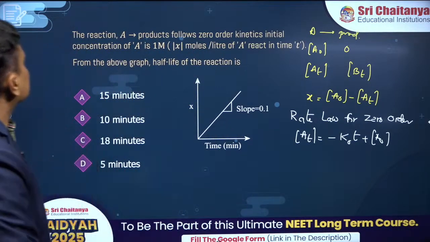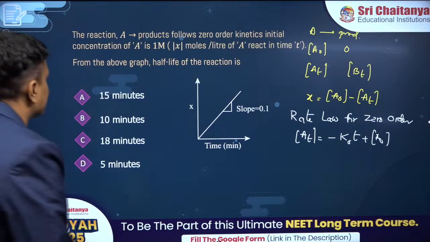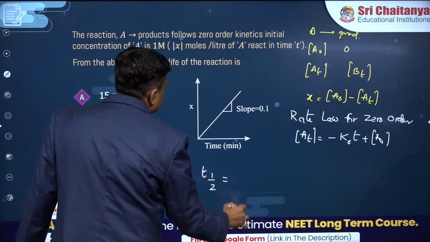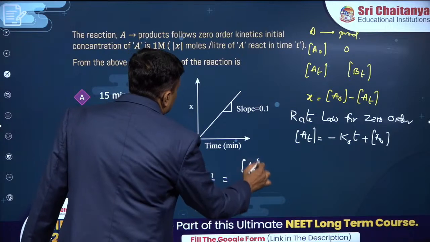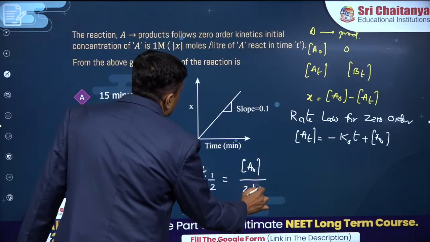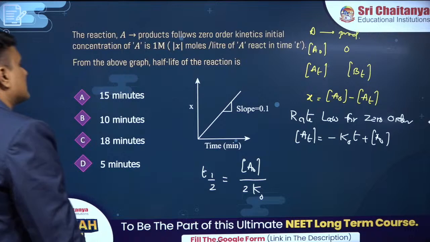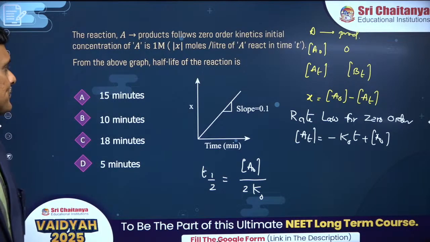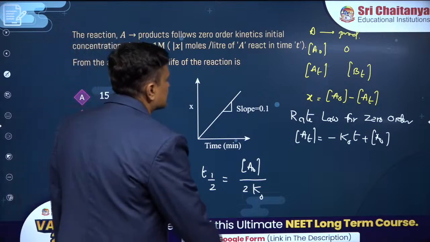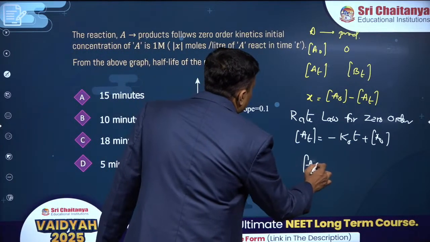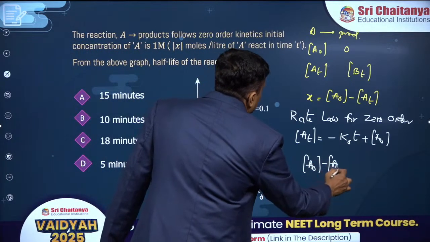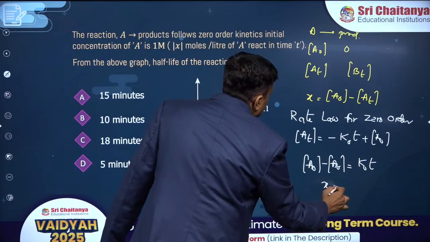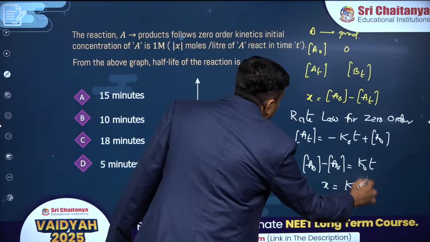So what is it that you need to find out here? The half-life of the reaction. T half for a zero order reaction is equal to A naught divided by 2 into k naught. However, you can see that you have been given the value of the slope. Because the graph is between x and t, A naught minus At is equal to k naught into t, that is x is equal to k naught into t.